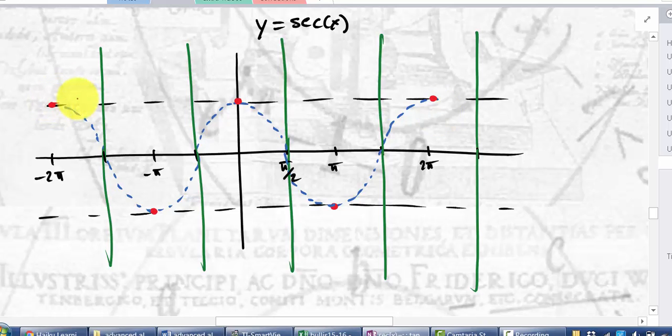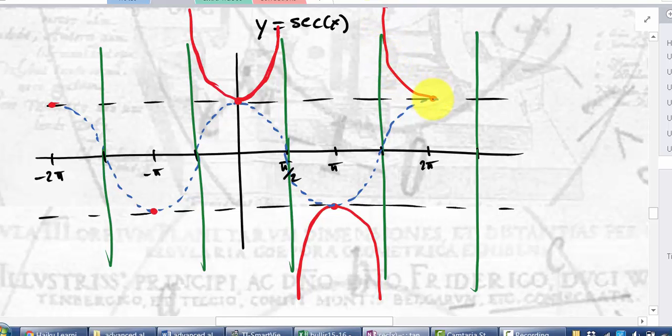And then what's going on? Well, then secant grows larger and it has an asymptote. So here we go. That's the asymptote of secant right there, and another one right here, and another branch right here. Here's your secant graph.